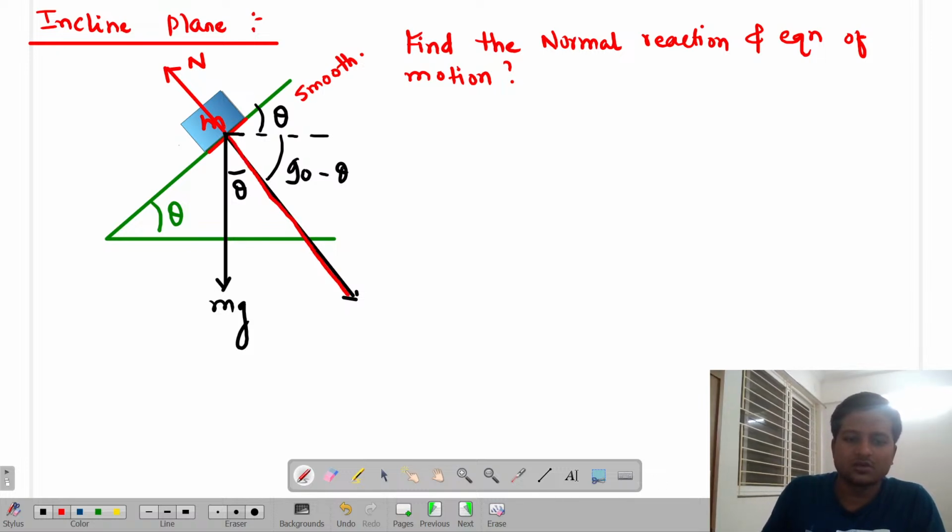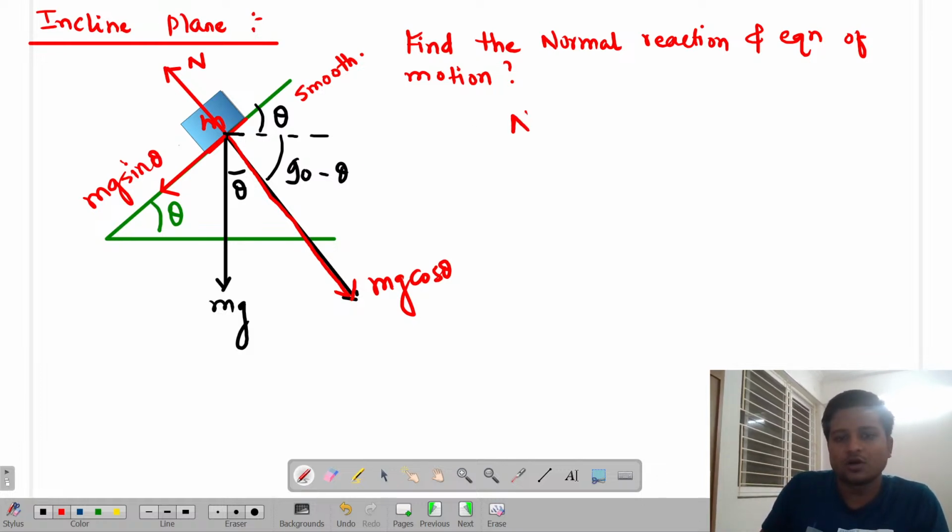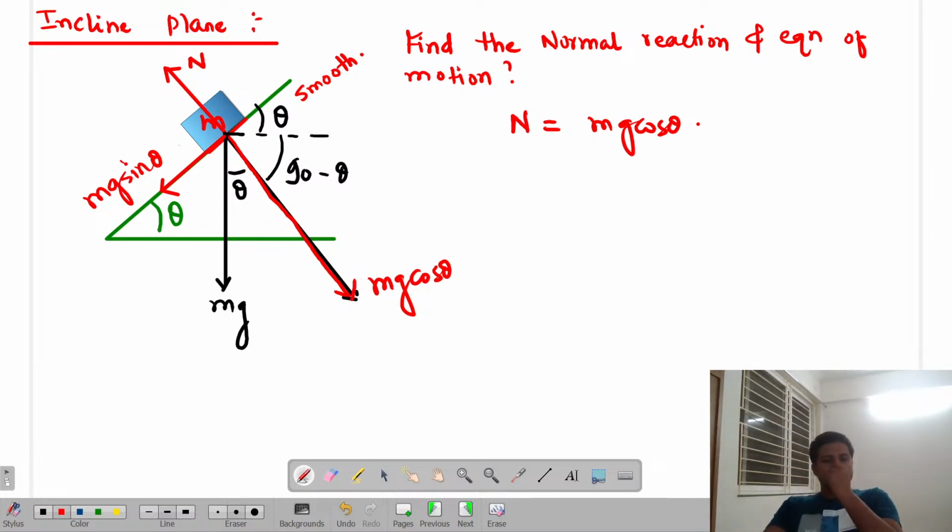So mg along this side will be mg cos theta, and I can resolve it along the incline too. So this will be mg sin theta. So basically, what's the meaning of that? The normal balances it as the body is not doing wobbling motion. So N is equal to mg cos theta. Is this clear?